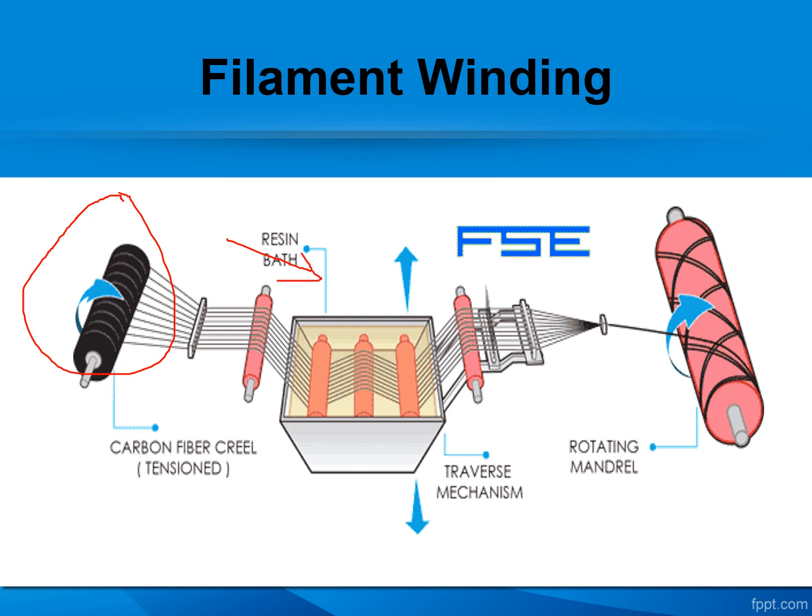Once it has passed through the resin bath, it is wound on the rotating mandrel in a zigzag manner. With continuous rotation of the mandrel, we can remove the hollow pipes using the filament winding process.